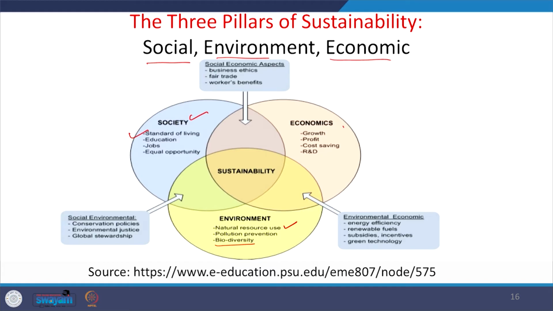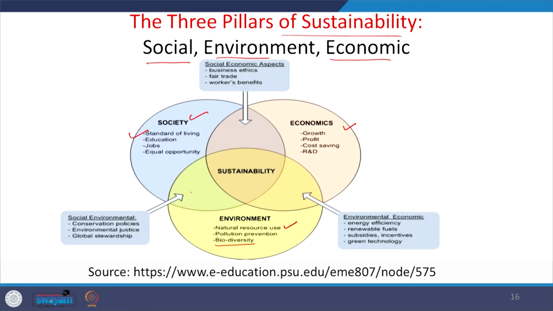And in economic sustainability, growth needs to be sustained, profit needs to be continued for a longer time, and we need to focus on research and development for increasing the quality of the products itself. If these dimensions get fulfilled, then we will have an integrated whole of sustainability, what we call the three pillars of sustainability.